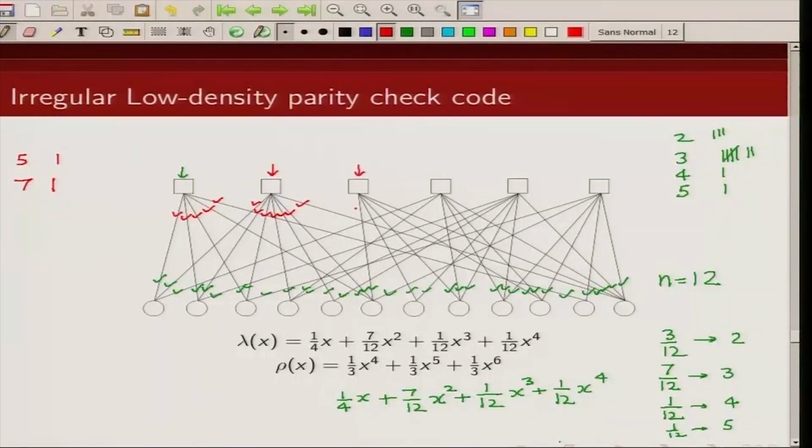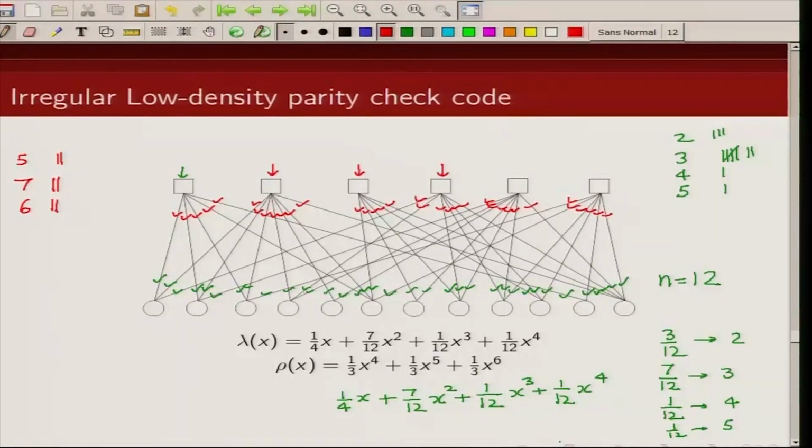This one 1, 2, 3, 4, 5. So, there are 5 of them. Then here 1, 2, 3, 4, 5, 6. So, there is 6. This one is 1, 2, 3, 4, 5, 6, 7. And this one is 1, 2, 3, 4, 5, 6.